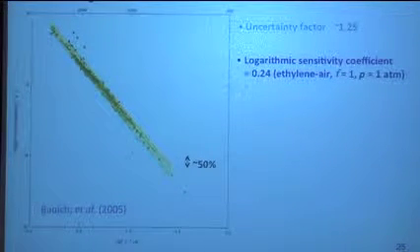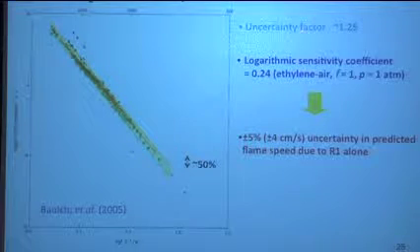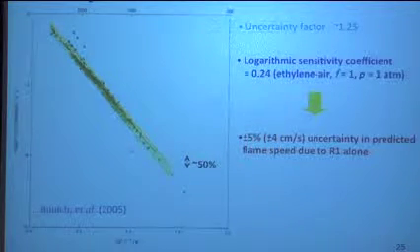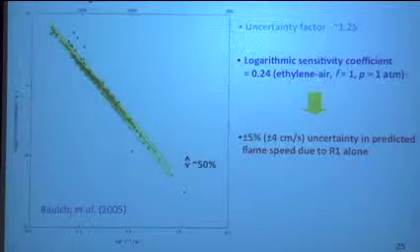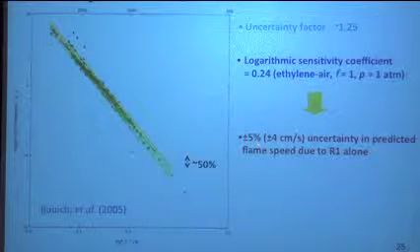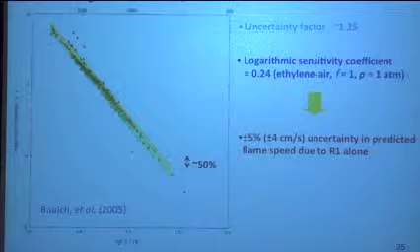Okay. From this 0.24 value, I can take this 25%. After all, once I know the uncertainty, I can perturb the k, right? To get a change in laminar flame speed. And what I calculated over here is, with this uncertainty allowed, I'm going to get a plus or minus 5% uncertainty on the flame speed prediction.